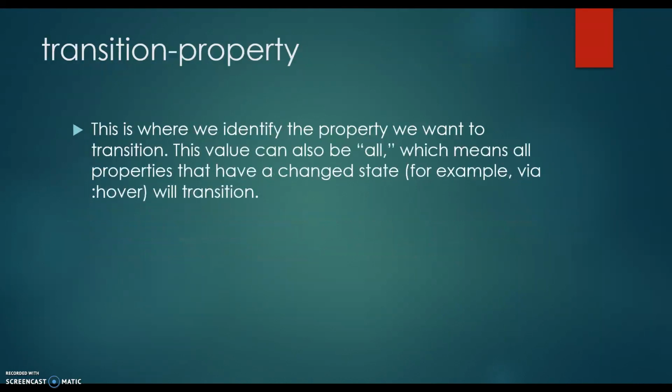Okay, the transition property. This is where we identify the property we want to transition, like the background color, the font size, the width of an element. Or we can say all, and all properties that have a changed state in that section, which could be via a hover, will transition.